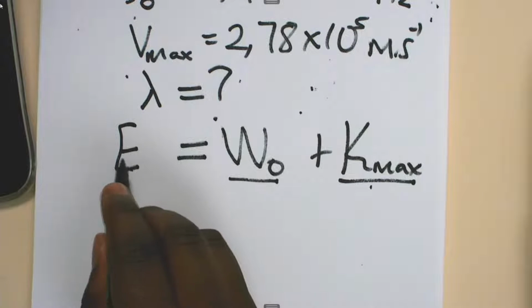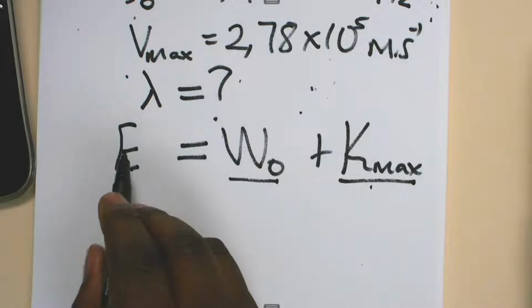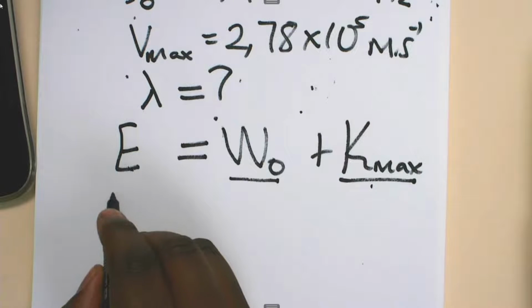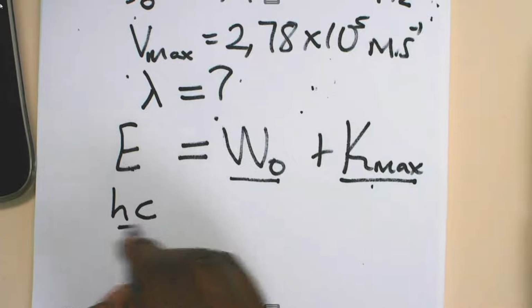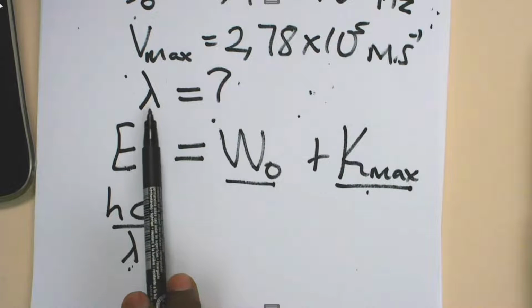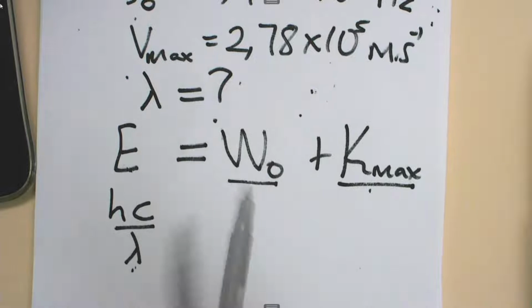If we express energy in terms of the wavelength, like I've shown you earlier, then the formula will be hc over the wavelength. Why do we express it in terms of the wavelength? It is because we are calculating the wavelength.